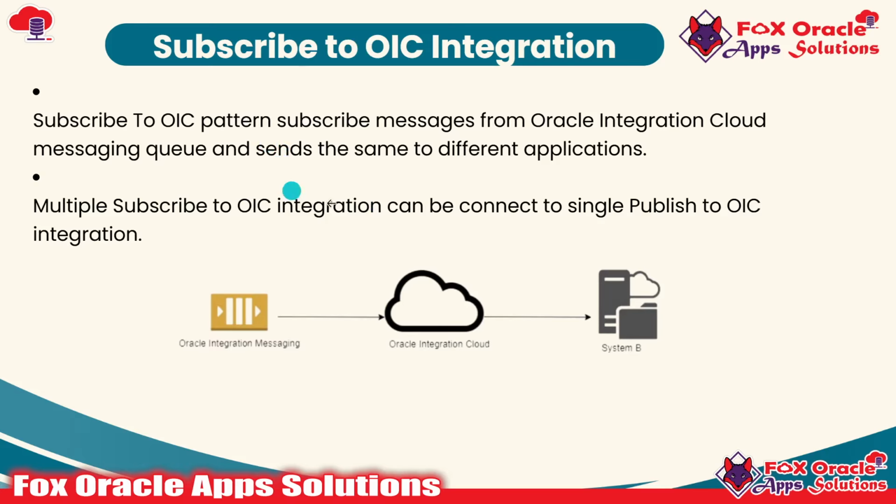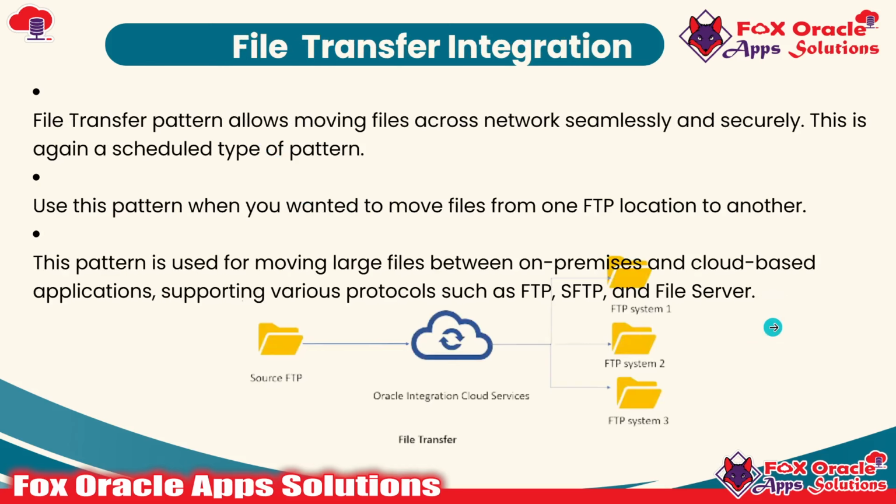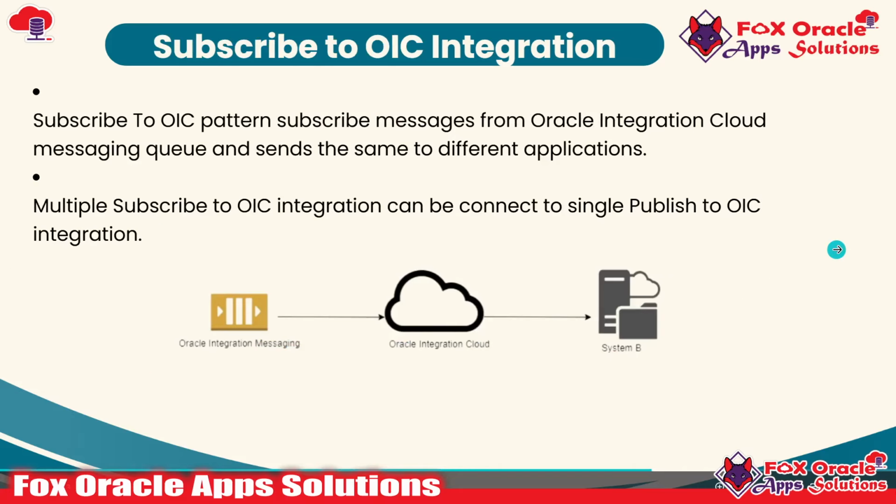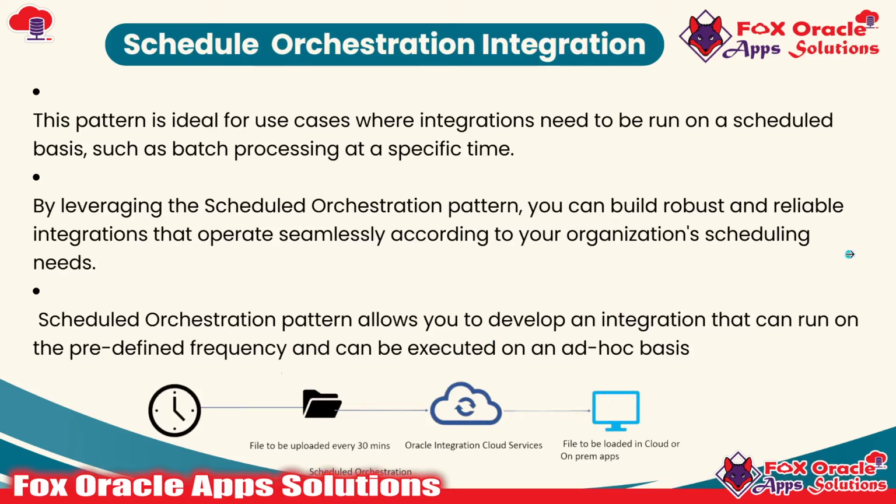In generation 3 that all got removed and we have the event type patterns available in integrations. As for file transfer integrations, as I told you, it was just extracting a file from one server and moving that same file to another file server, so it was quite straightforward. We'll see how we can build all this logic using app driven and schedule integrations themselves.